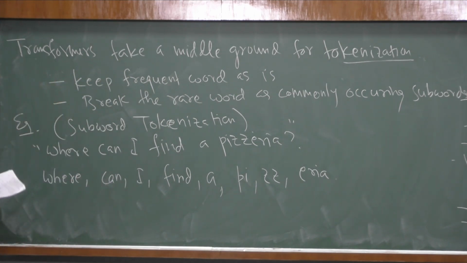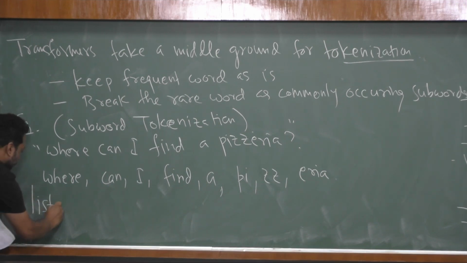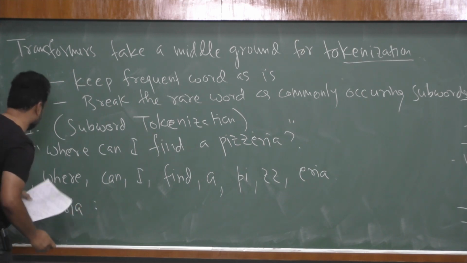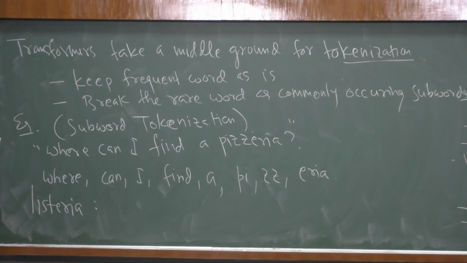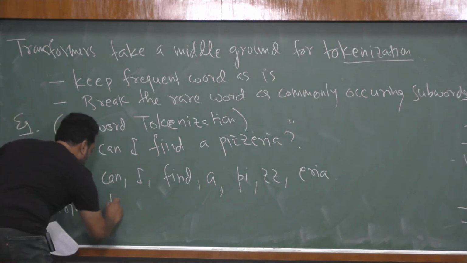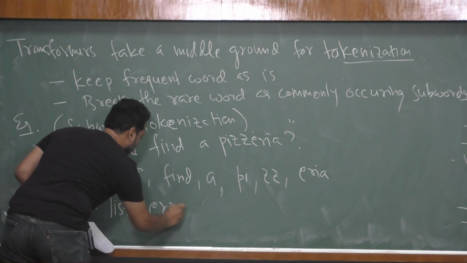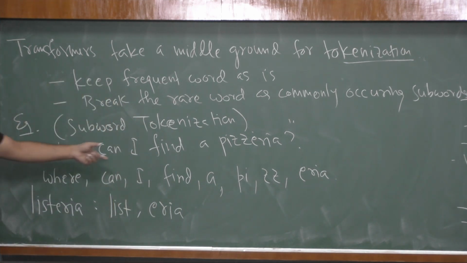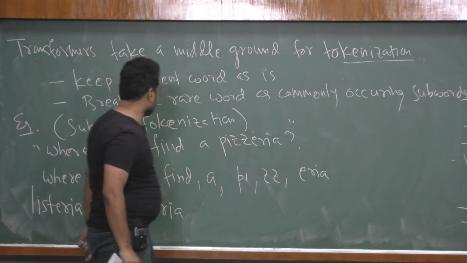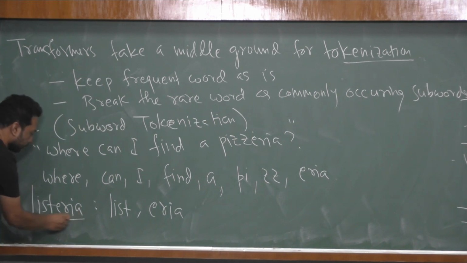So in this case, let us say we encountered the word listeria. Listeria is also a rare word, so this could be broken down into let us say list, and also ERIA. So if we have included this subword ERIA, we found that subword ERIA is also in this rare word listeria.